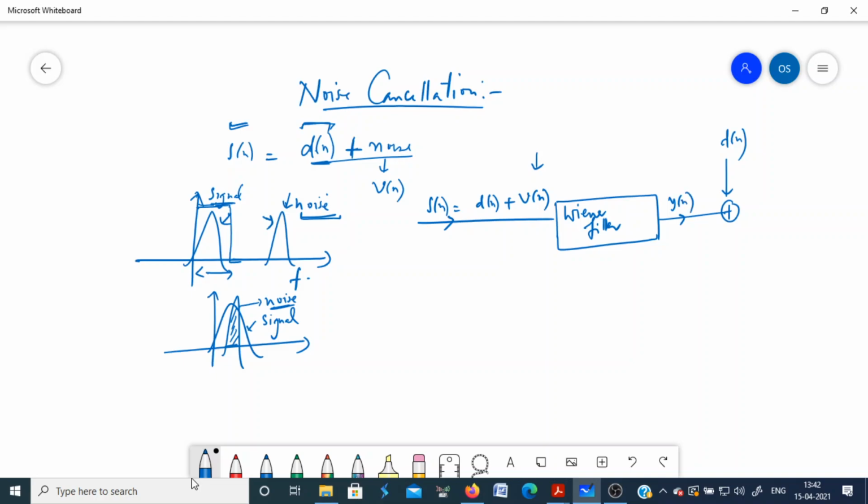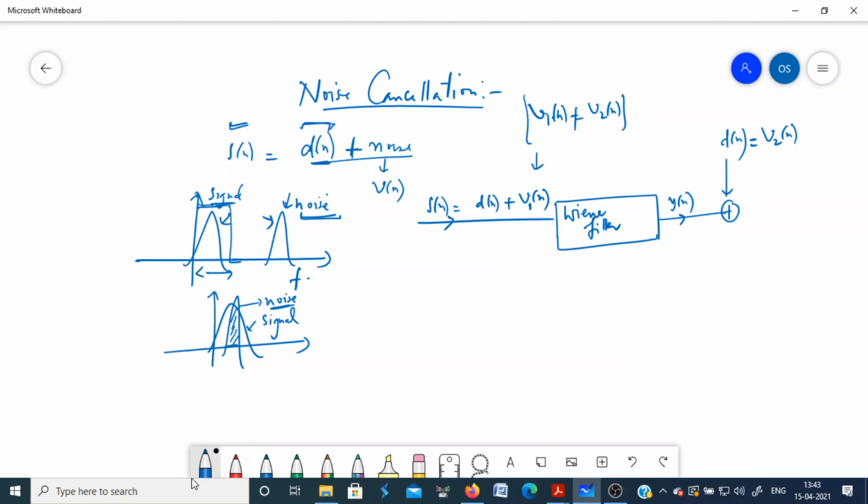Now the desired response that we give to the Wiener filter when you use it for noise cancellation is basically noise, say v1n, and the input is v2n. So v1n and v2n are both noise. They are not exactly the same, v1n is not equal to vn, but they are correlated.